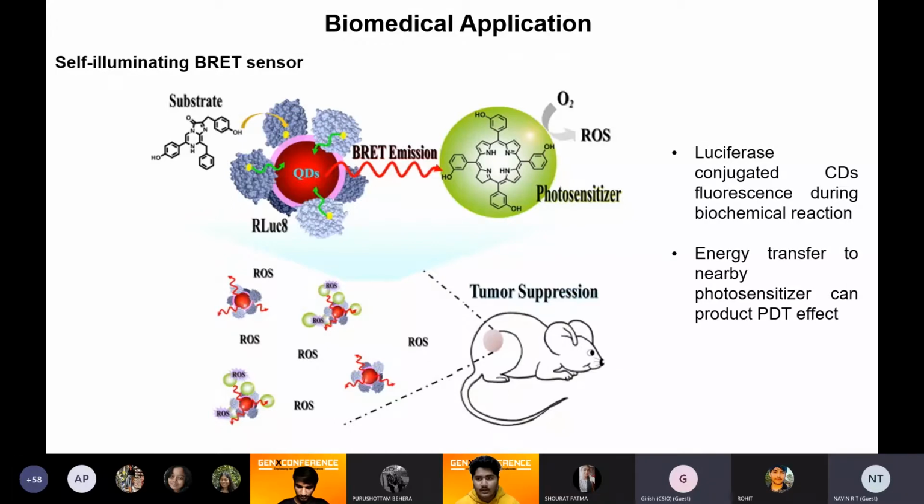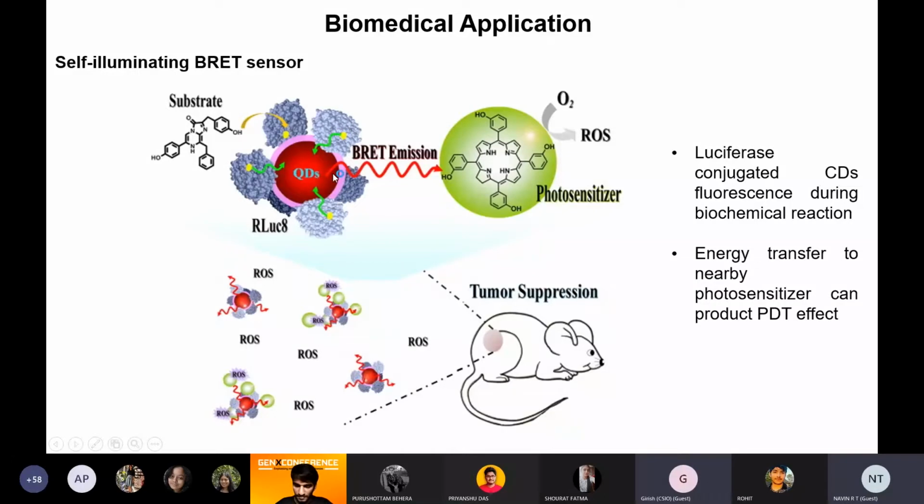This luciferase enzyme, when it encounters its substrate and some co-substrate, for example, if someone is using firefly luciferase, it uses ATP as co-substrate and luciferin as substrate. When it encounters its substrate and co-substrate, it produces light, bioluminescent light. This bioluminescent light is then absorbed by the carbon dot and it produces its own emission.